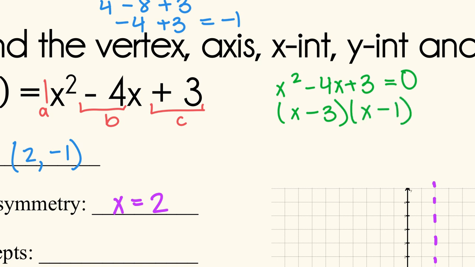Negative 3 times negative 1 gives me a positive 3, and they add to give me negative 4, so this can be factored. And all I'm doing is solving for x. Set them both equal to 0. Keep in mind, you're adding 3 to both sides. People still get these types of questions wrong. x equals positive 3.